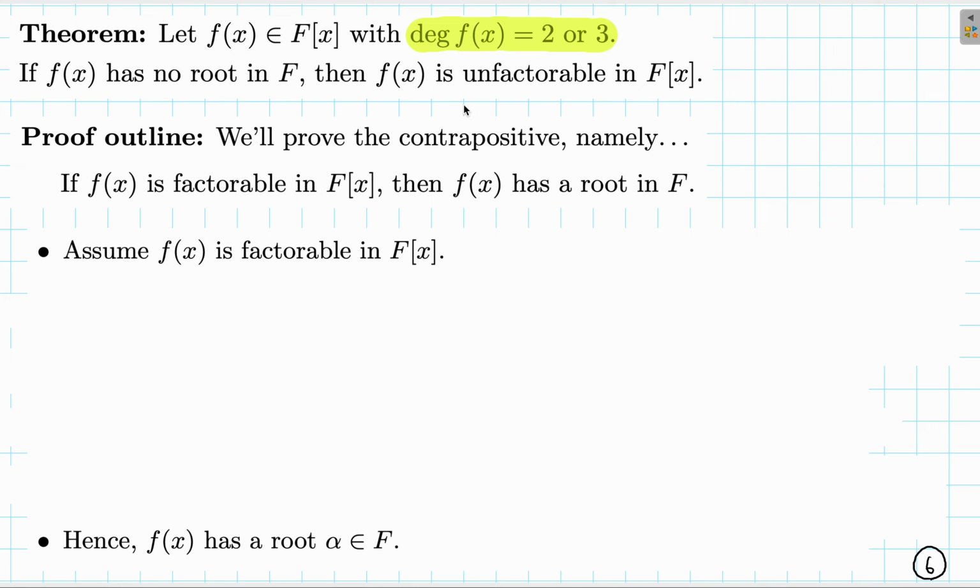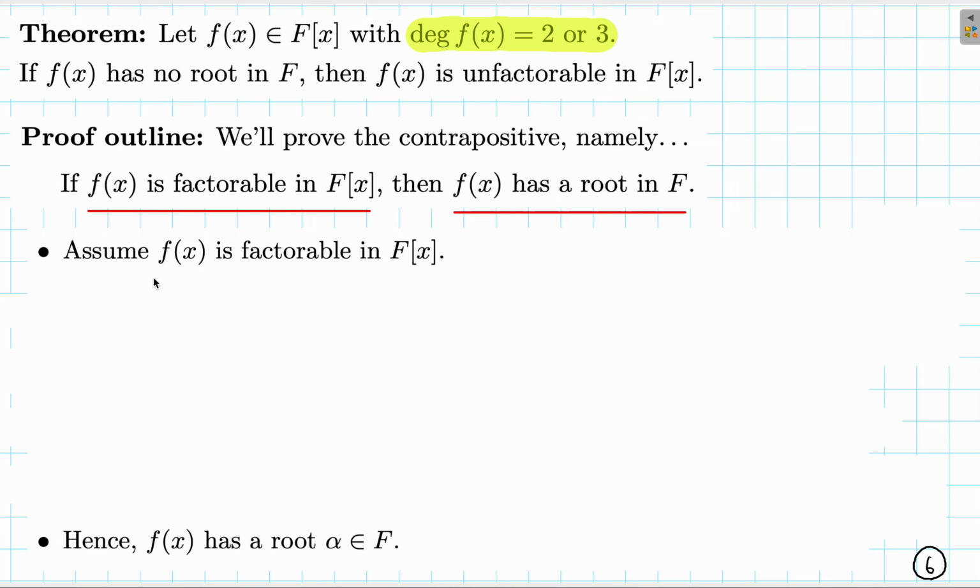And as we typically do in those situations, let's prove the contrapositive, which is: if f of x is factorable in the polynomial ring, then f of x has a root in the field F. And so we've identified the hypothesis and the conclusion, and those are the first step of the outline, assuming that f of x is factorable. And our very last step is to claim that f of x has a root. And so now let's fill in the intermediate steps of the outline.